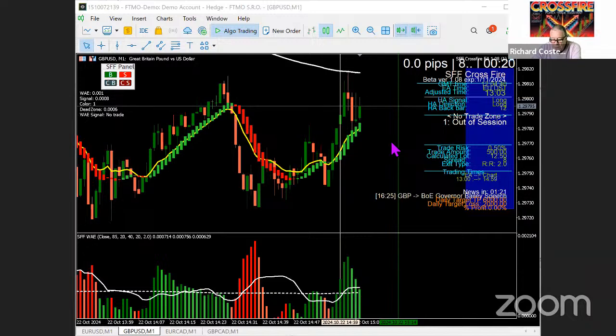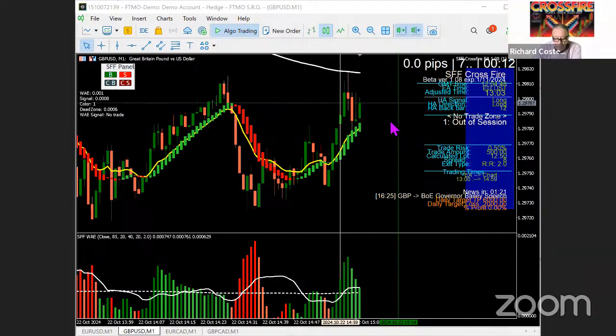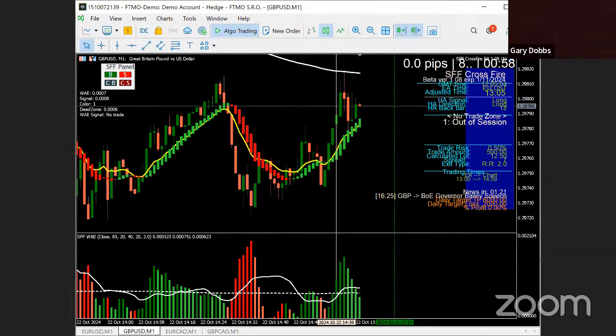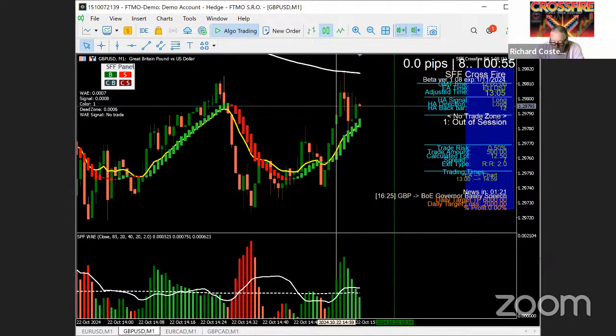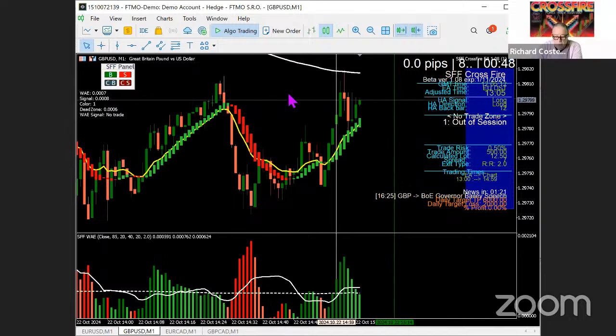Or can you just see my MT5? I'm also trying to show my TradingView, so you should be able to see one on top of the other. Okay, you can only see the demo account, FTMO. All right, I'll stick with that and go back to the old way of doing things.